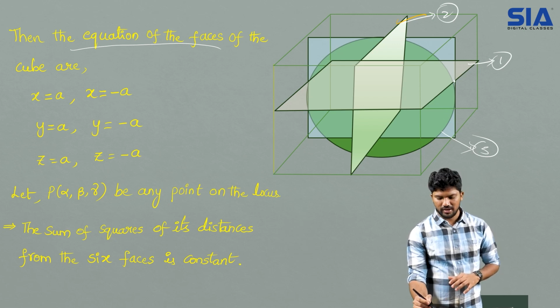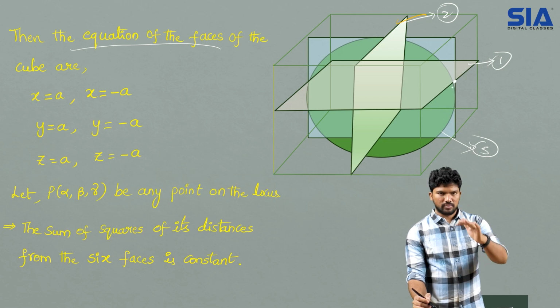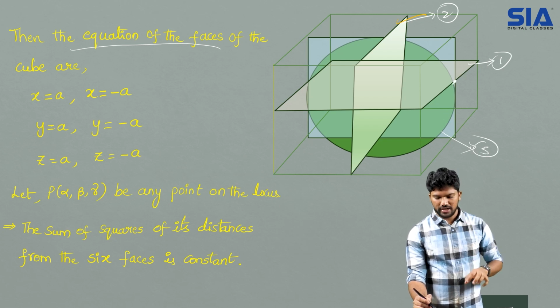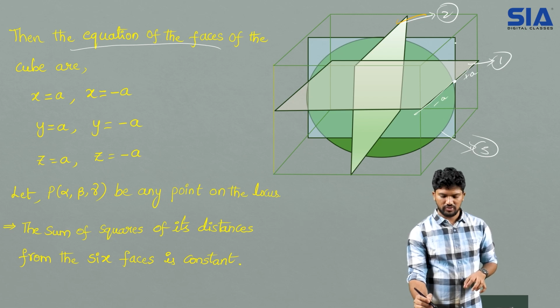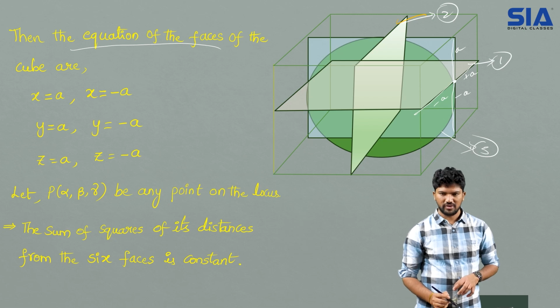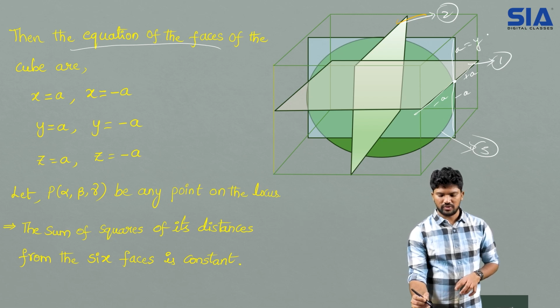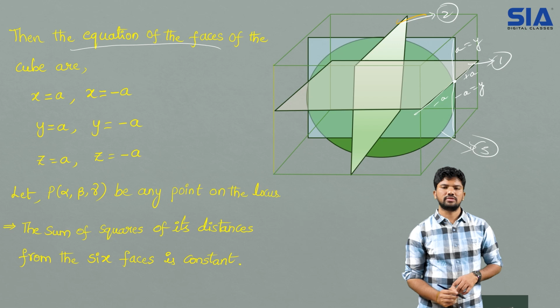as I explained, if you take the common center point here, this is minus a, this is plus a on the x-axis. If you take this one as the y-axis, this is plus a, this is minus a. So y is equal to minus a, y is equal to plus a, and x is equal to minus a, x is equal to plus a.